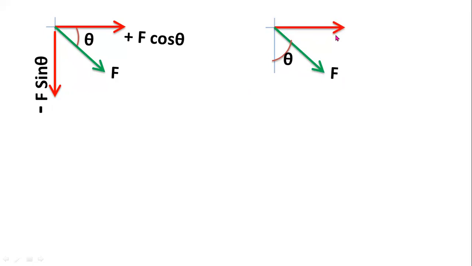The magnitude of this horizontal force equal to F sine theta. Okay, in the previous case the angle is with respect to x-axis. Here the angle is with respect to the y-axis. So here this is the opposite side. That's why I am taking sine theta.